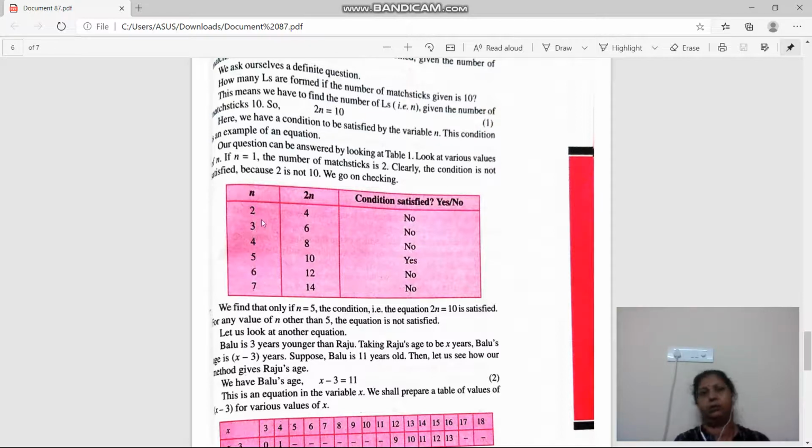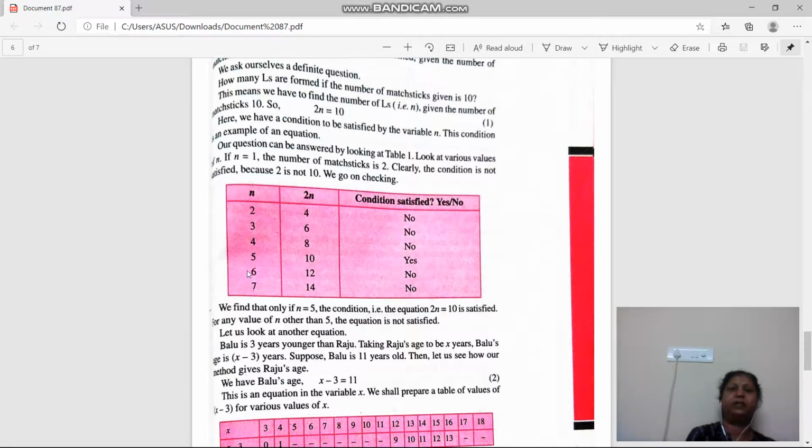No. Then take the value of n as 3. 2 threes are 6. Are 10 and 6 equal? No. Again take the value of n as 4. 2 fours are 8. Is the condition satisfied? No. Next take the value as 5. 2 fives are 10. So here 10 and 10, it is satisfied.